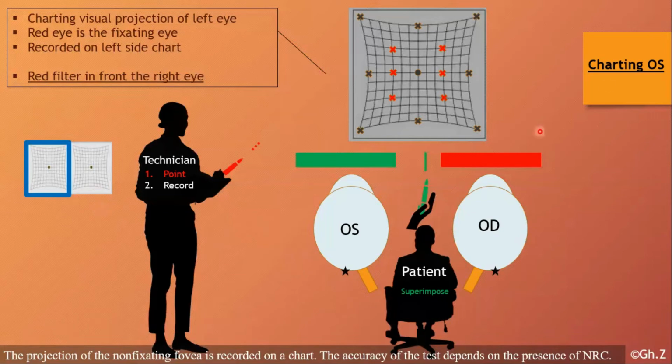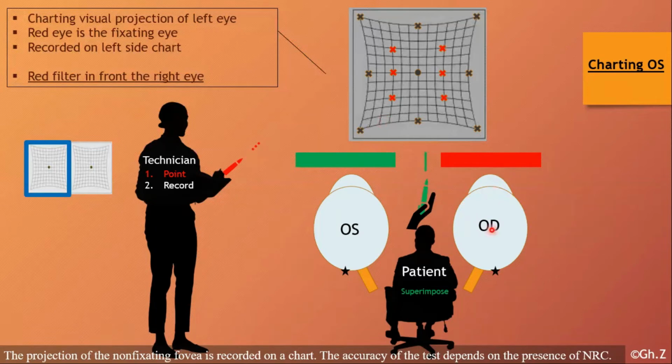So in this slide, I wrote here, this is a charting of the left eye. Why did I say charting of the left eye? Green is before the left eye. Because in this slide, since she is pointing, the right eye behind the red filter is seeing only the red dot.